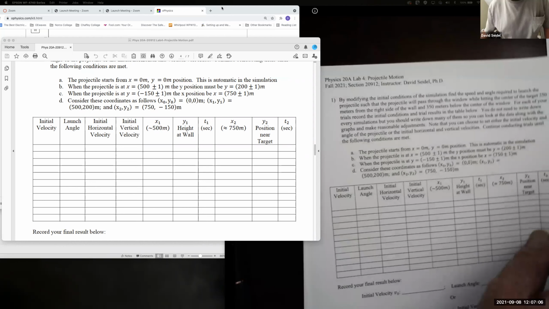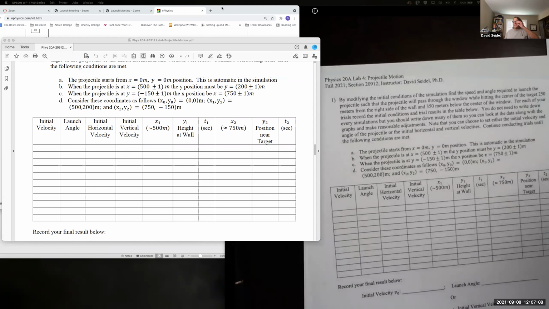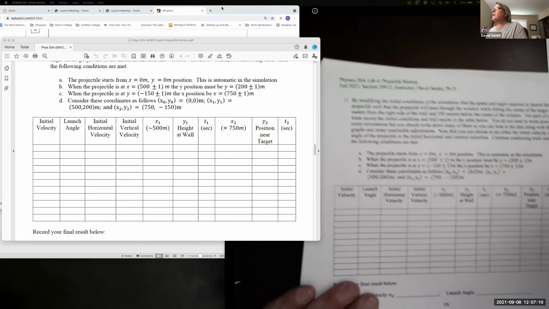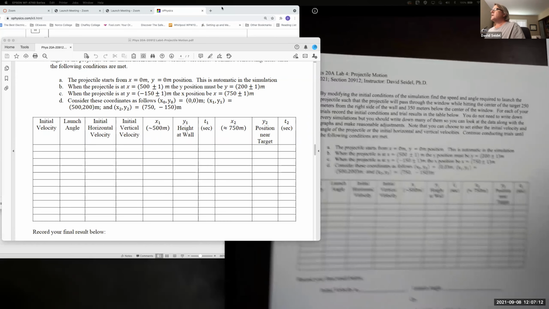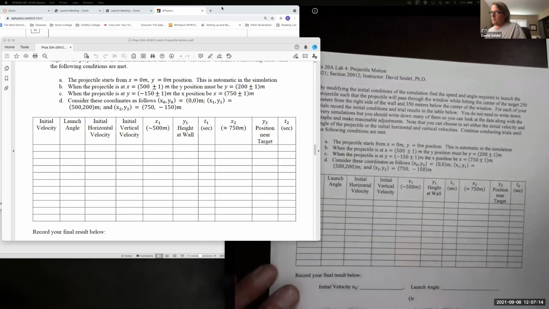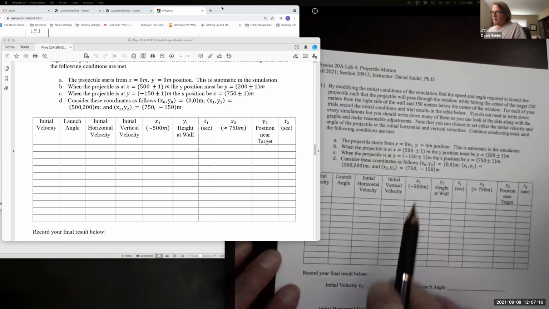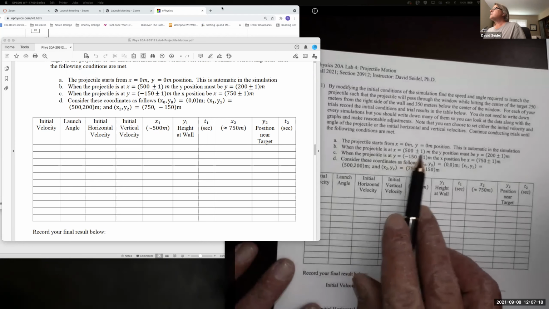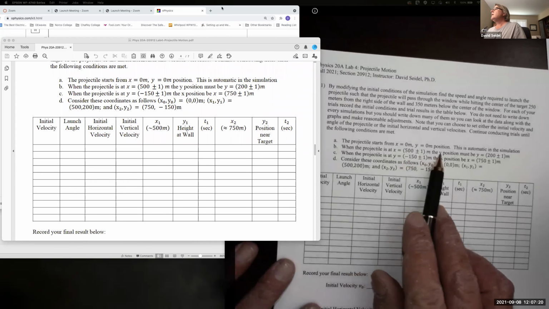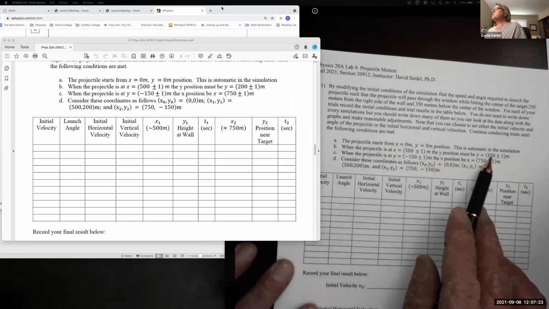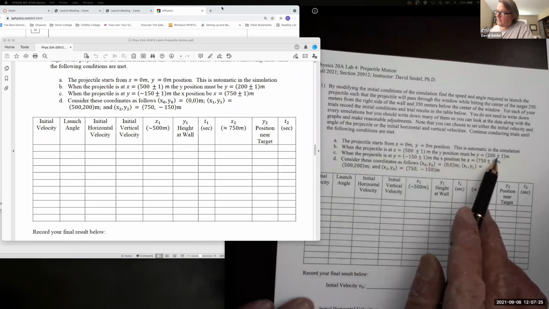So your goal here is to meet those conditions. The projectile is going to start from 0, 0. When the projectile is at 500 plus or minus 1 meter, the Y position must be at 200 plus or minus 1 meter.